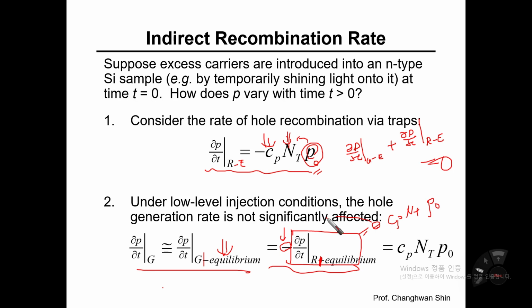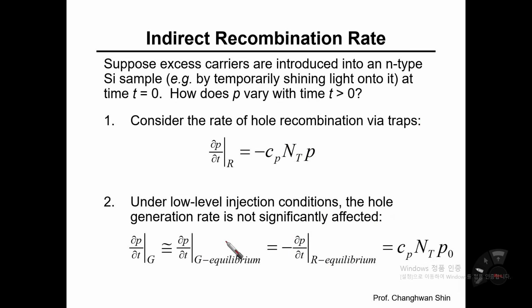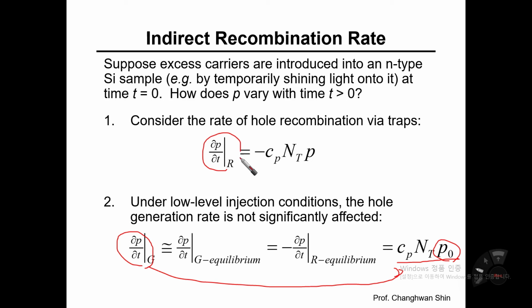But this minus would be cancelled out with this minus symbol, so in the end we're going to get this equation. All right, so now ∂p/∂t at generation is described as a function of hole concentration at thermal equilibrium, and ∂p/∂t at R is proportional to this.